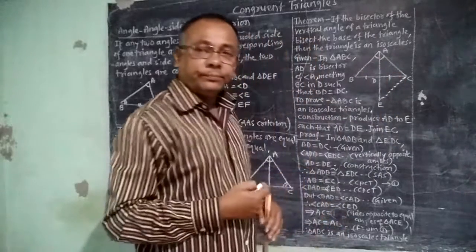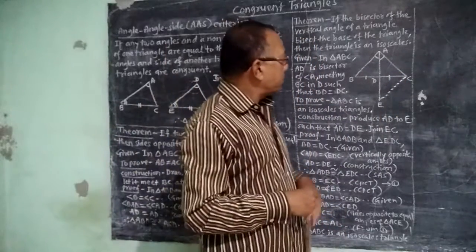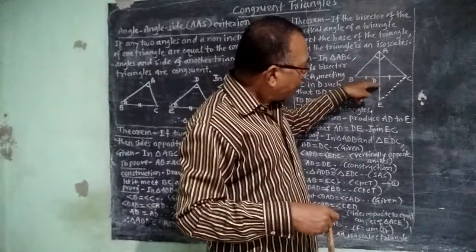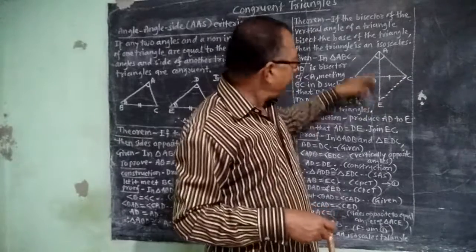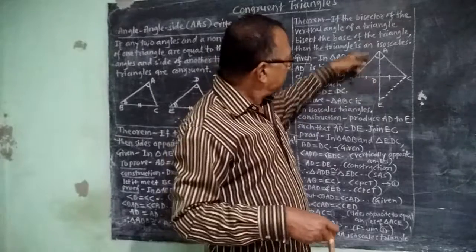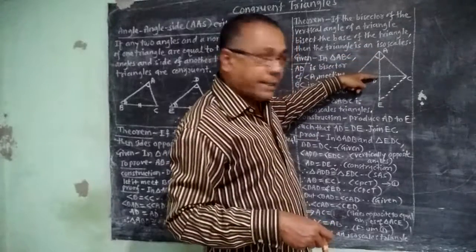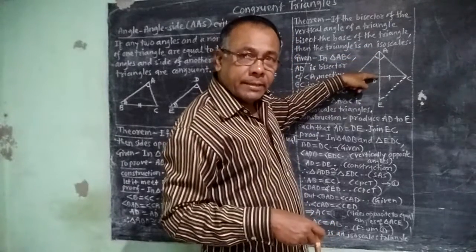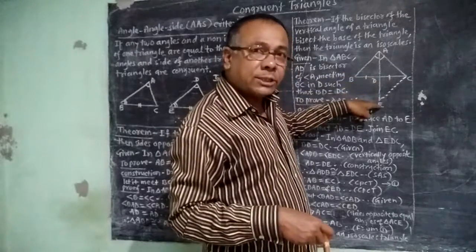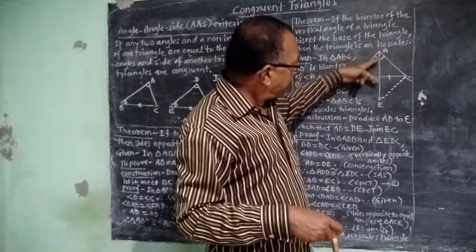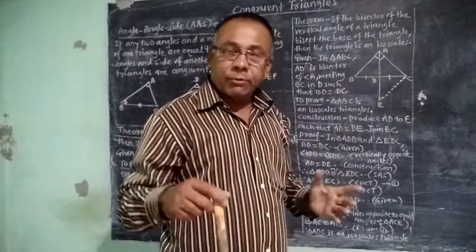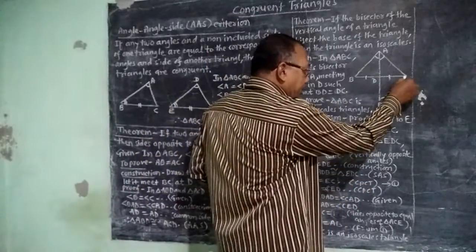Now construction is done: we have produced AD to E such that AD is equal to DE, meaning the length of AD and the length of DE are equal, and then we have joined EC.